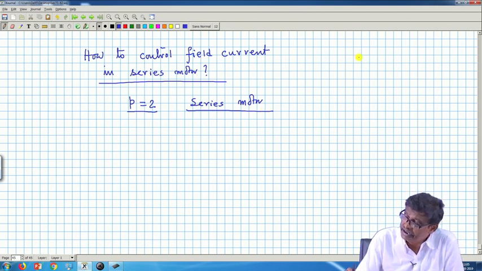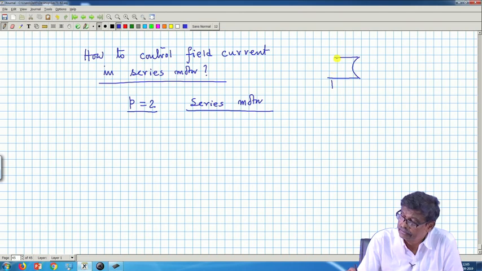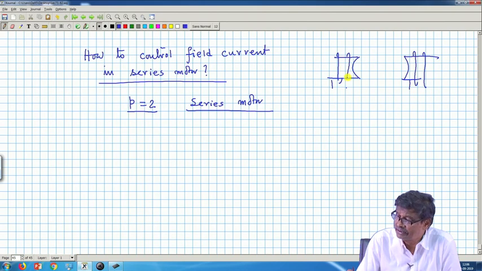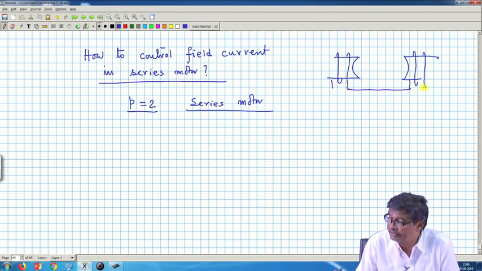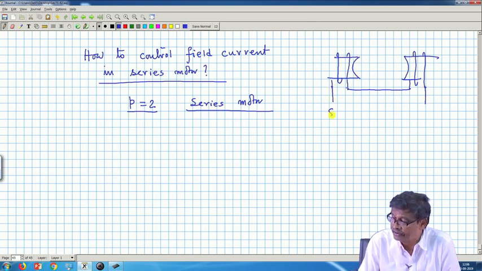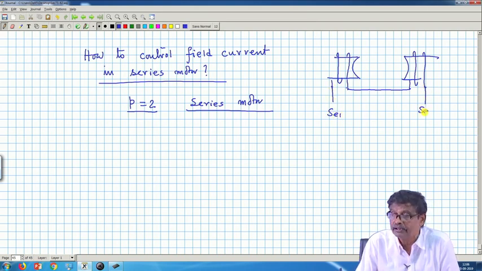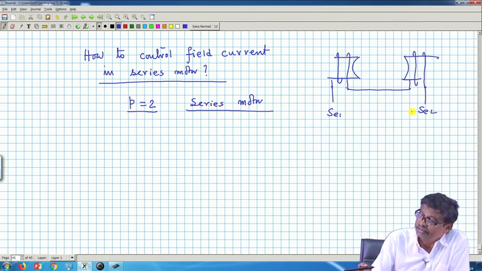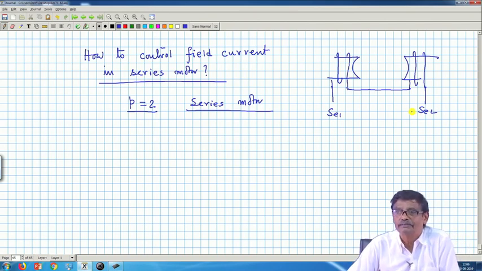Means on each pole face, this is one pole face, this is the other pole face, an identical number of turns are there, and these two are, as I have told you, connected in series, and this is your AC1 and AC2. That is what I introduced to you, the field coils. So, I see there are two separate field coils.